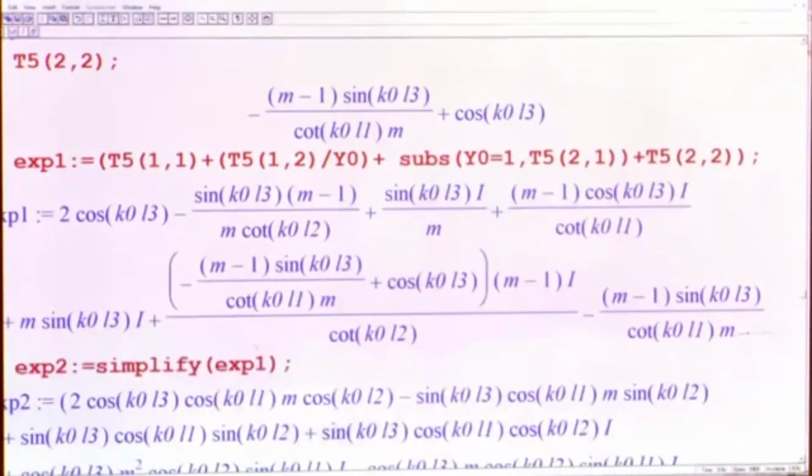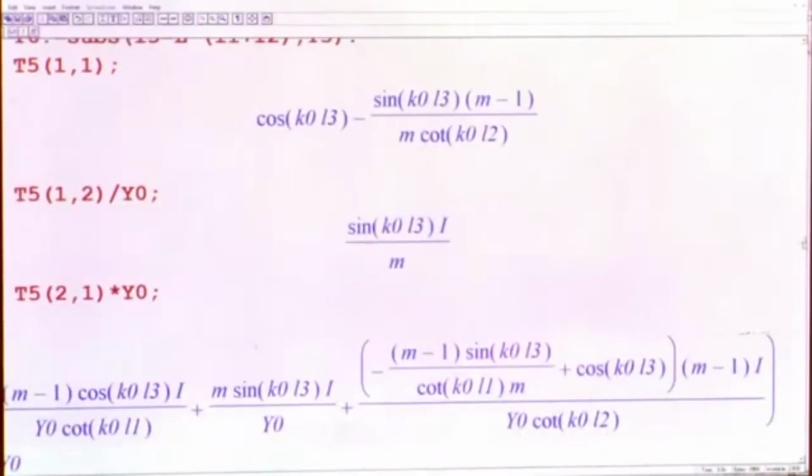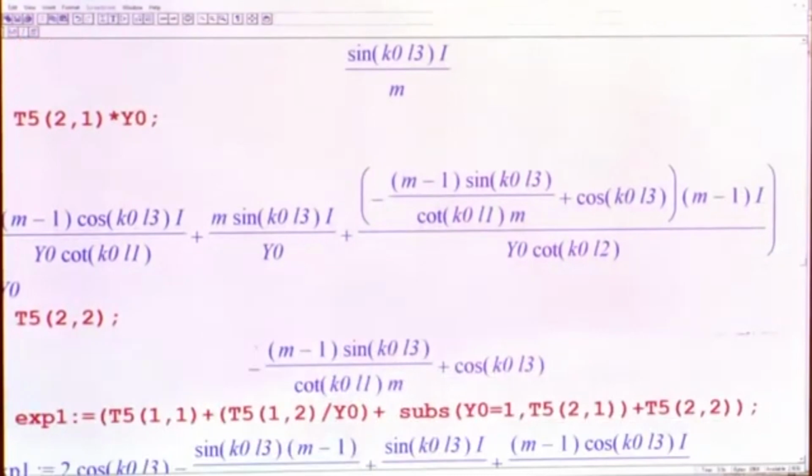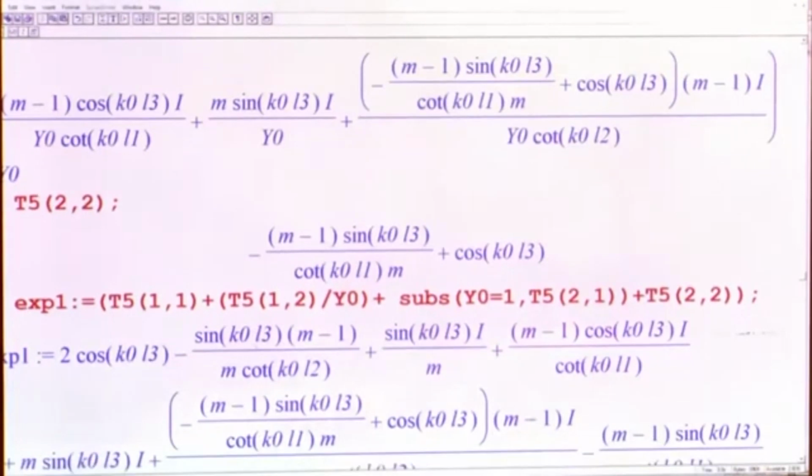Basically what we intend to do is simplify these expressions T 5 1 1, T 5 1 2, T 5 2 1, T 5 2 2 as much as possible, and as I have been mentioning, it is basically the addition of these terms, suitably scaled.